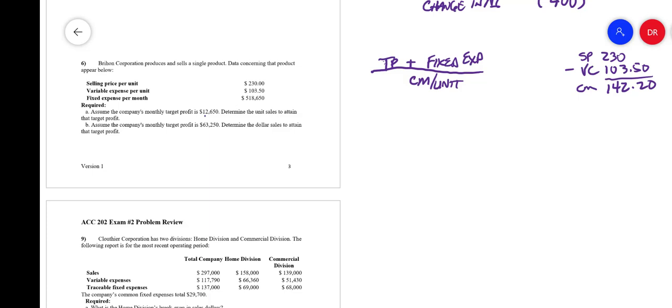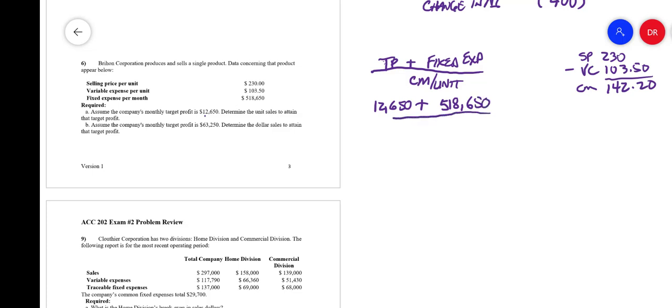So to plug these numbers into the formula, we have the target profit of $12,650 plus the fixed expense of $518,650.